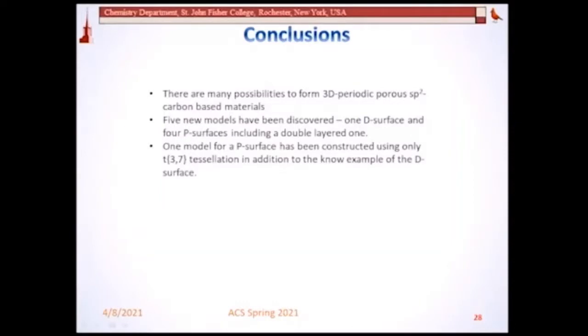And one model we're proud of is that it's just using pure T37 tessellation, in addition to the one that has been known. And both of those have 12 heptagons, according to what is required. So I used all of my time. Thank you. And if you have any questions, I can try to answer.